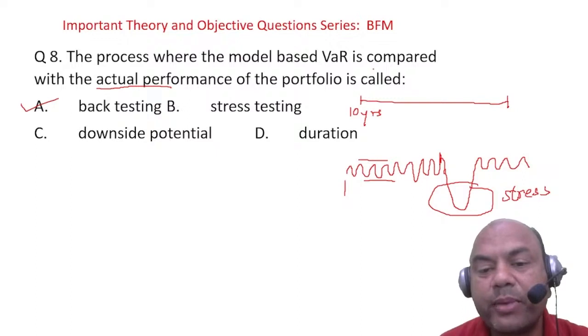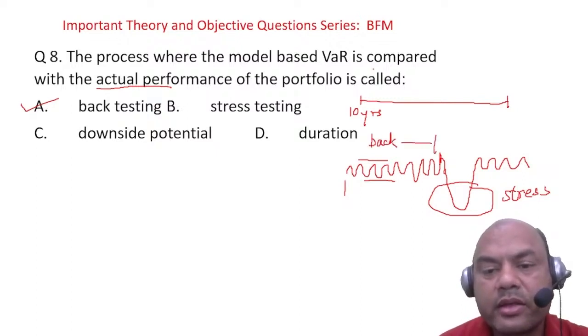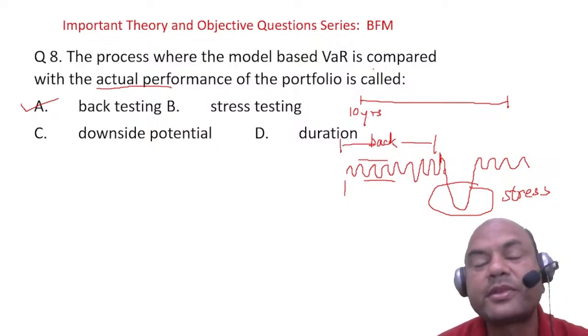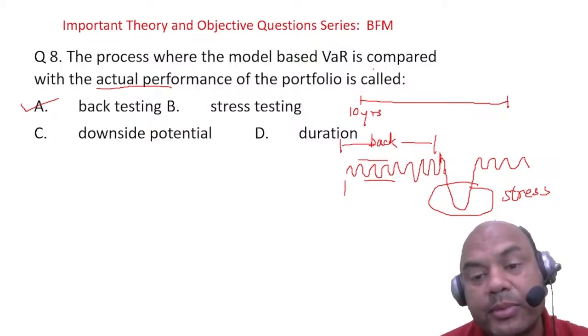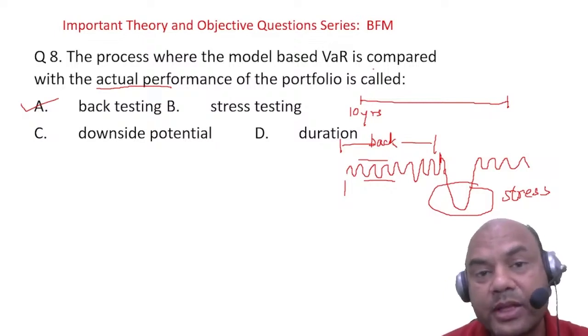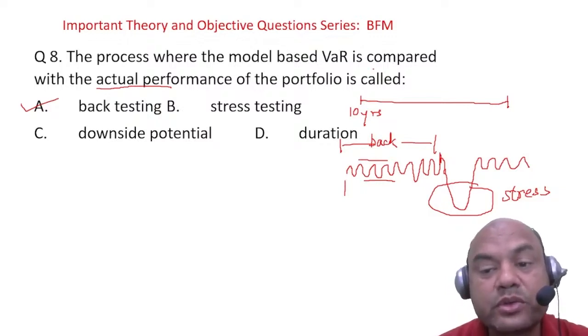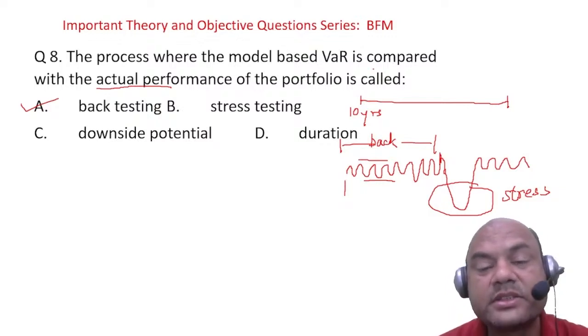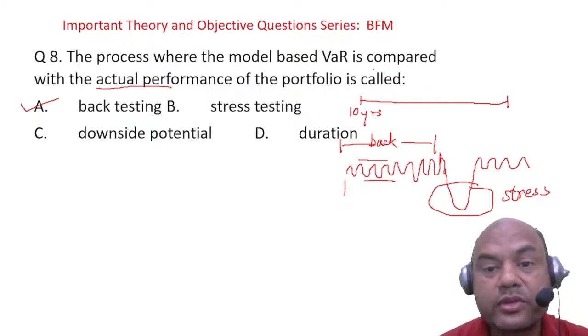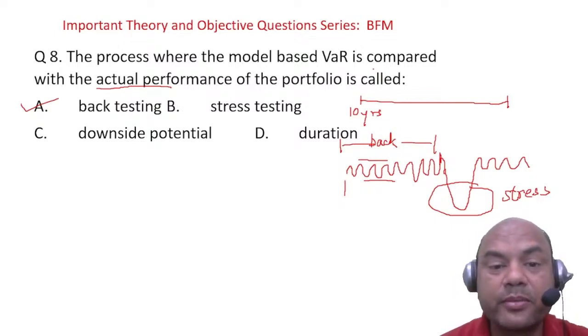Back testing means comparing with your immediate past, but stress means if something which has not come up in the last 10 years comes up, then what? That's the use of Monte Carlo simulation. Monte Carlo simulation is used to check various unseen scenarios. So the answer here is the actual performance of the portfolio compared with this, so it is back testing.